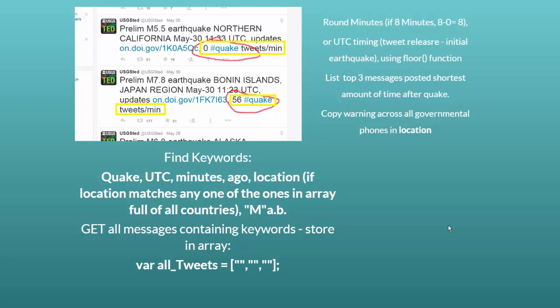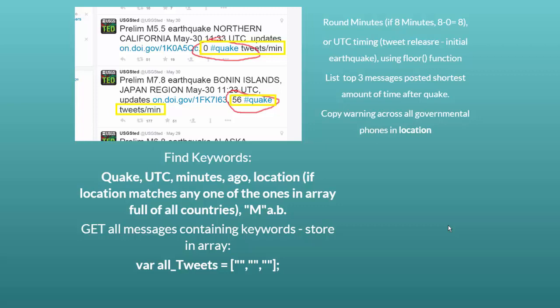Second, to build our algorithm, we have to get all the messages that contain those specific keywords and store them in an array. So if we make an array called all tweets, that would store all the tweets that have those specific keywords. Third of all, to get even more specific, we want to use the floor function to round the number of minutes since the earthquake.